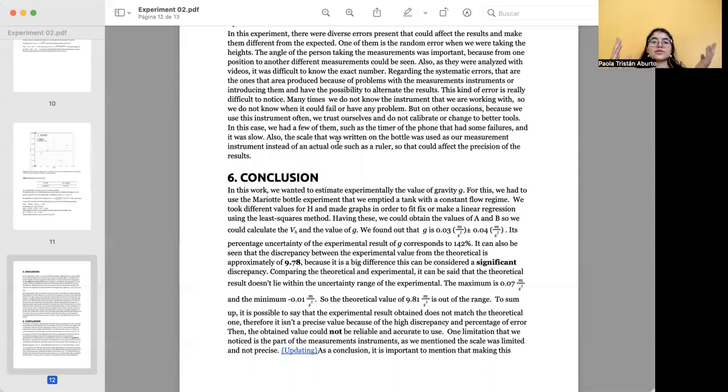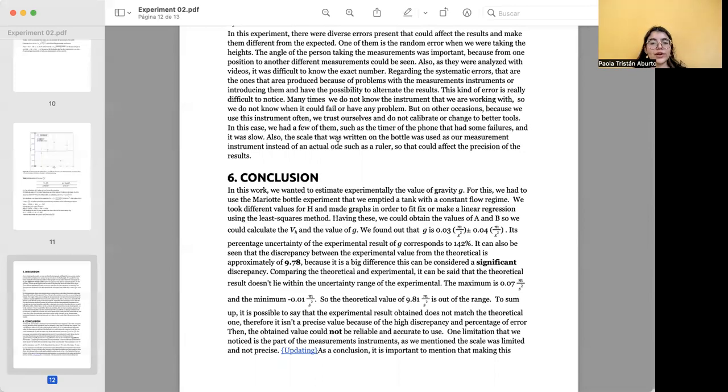And this kind of error is very difficult to notice because we may sometimes not know the instrument very well, so we don't know when the instrument is going to fail or has some problems and does not make the measurement right. But also in other occasions, we trust ourselves and we do not calibrate our instrument, or we don't change it to something more precise.